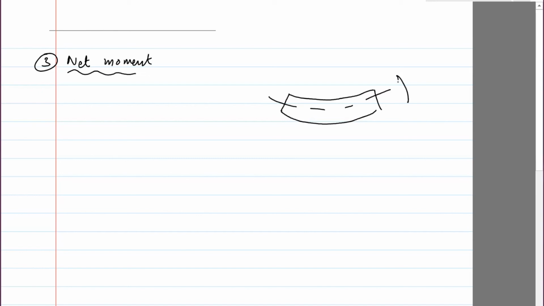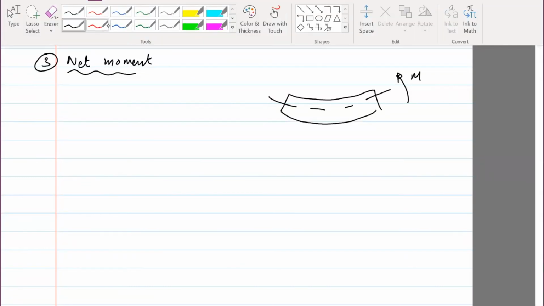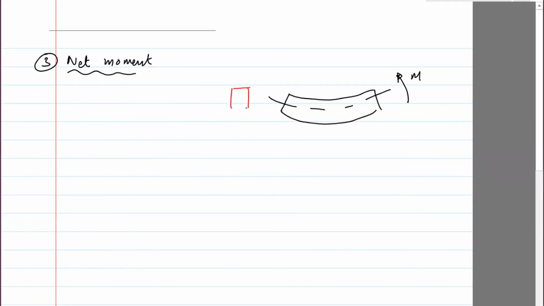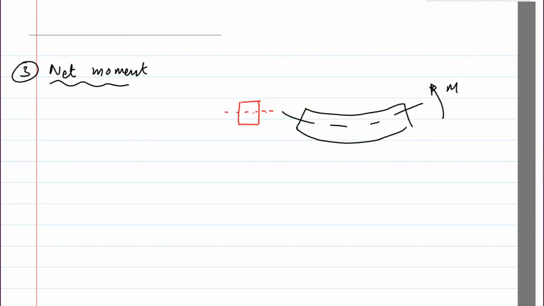It's subject to a moment M. And in this case, what we're doing here is taking the cross-section area, and in the cross-section area, there is the centroid. We are taking a small element here, delta A. And let's say that this element is at a distance of y.